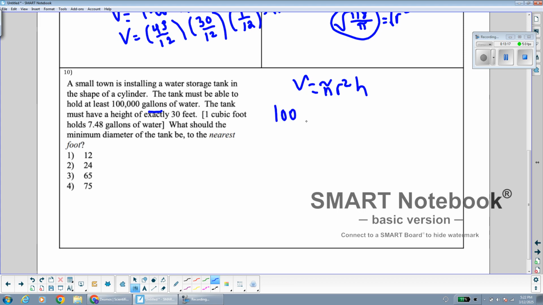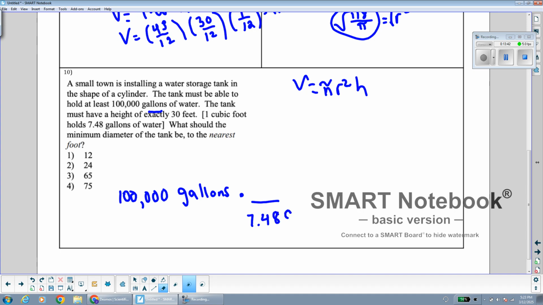So it has to hold 100,000 gallons. So let me get this to feet because my measurements for volume are in feet. So to go from gallons to feet, let's see. I want gallons to be in the denominator to cancel out, and cubic feet to be in the numerator. There's 7.48 gallons in 1 cubic foot.